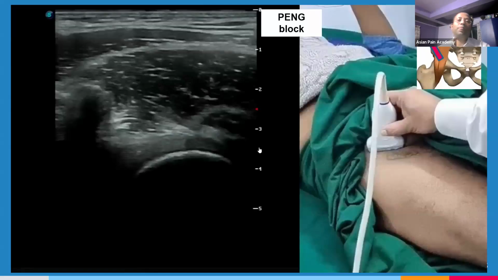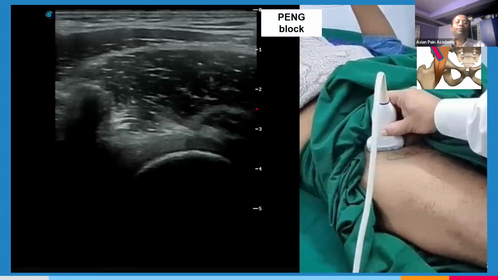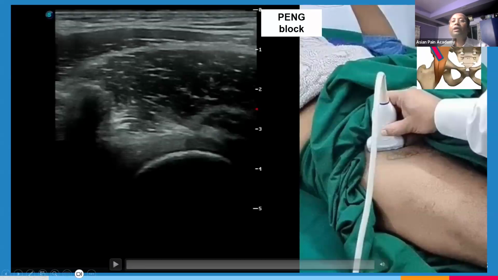Though pericapsular block is not important for us, in regional anesthesia they practice it, but it has some relevance for a chronic pain physician also when we go for denervation of the hip joint.